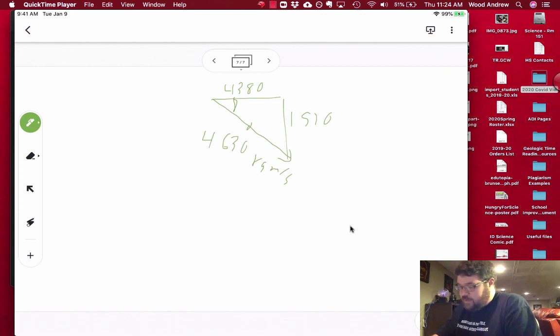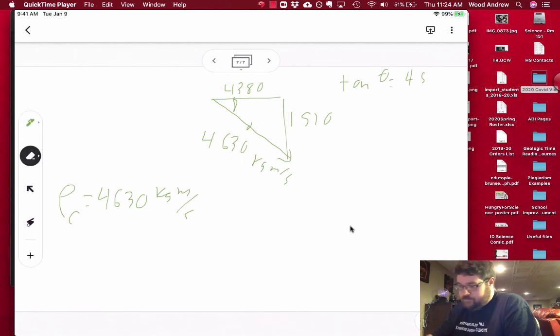Well, of course, we have to figure out the angle here. We'll get back to that in a second. So the momentum of C, part C, is 4,630 kilogram meters per second. And then to get the angle, of course, tangent of the angle is... I am having difficulties writing.